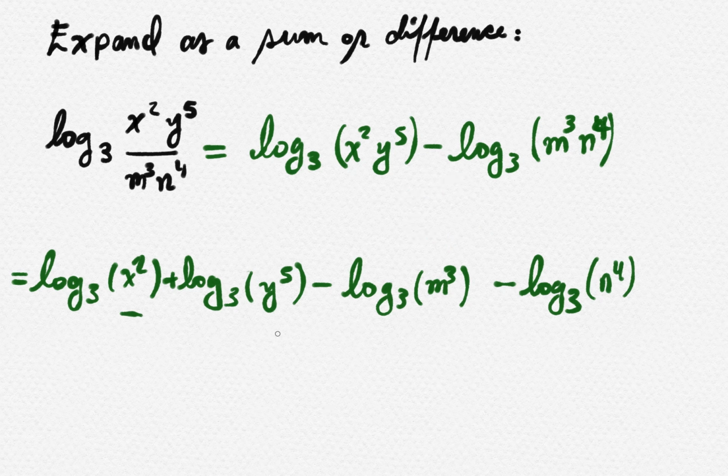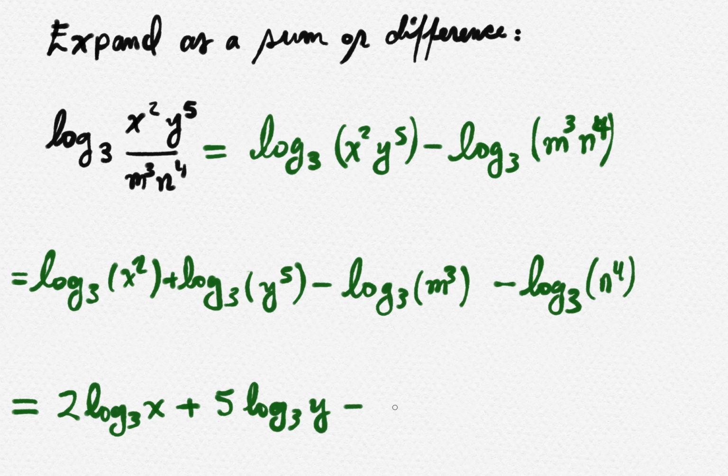Okay, now notice that each of these inputs for the log functions has a power, so we can use the power rule on each of them. If we do that, we're going to get 2 base 3 log of x plus 5 base 3 log of y minus 3 base 3 log of m minus 4 base 3 log of n.